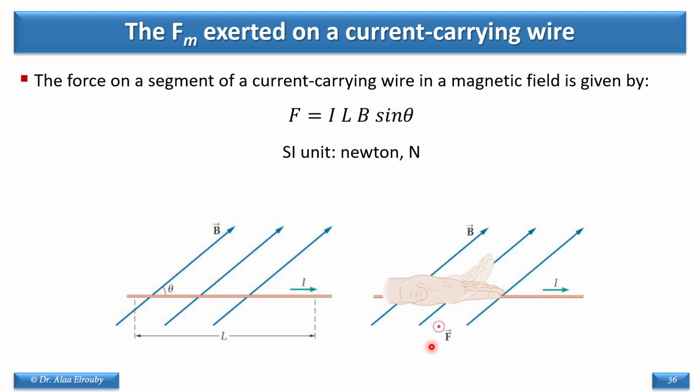And this force will equal current multiplied by length multiplied by B sine theta. Theta is the angle from the direction of current to the direction of the magnetic field. So this is theta.